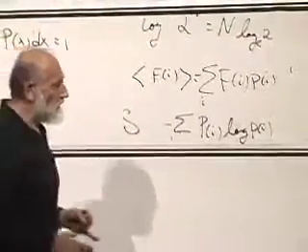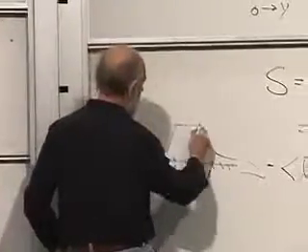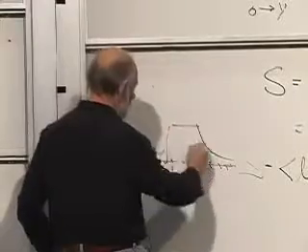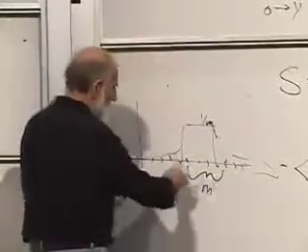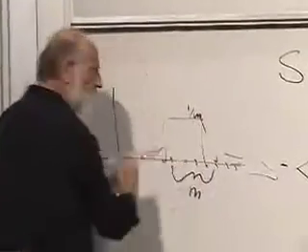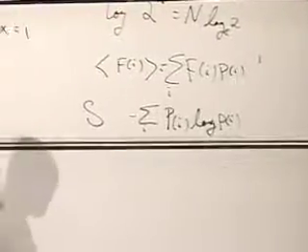Let's look at it for a moment. Supposing we have one of these distributions which is flat and 0, equal to 1 over m up on the top, and it encloses m states altogether. What is this quantity?